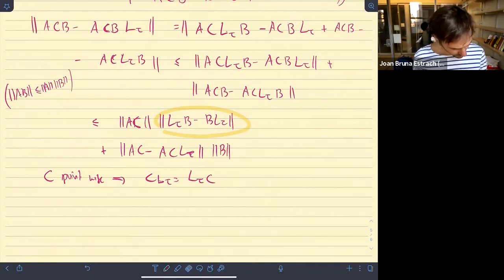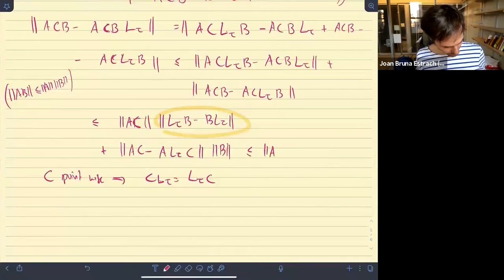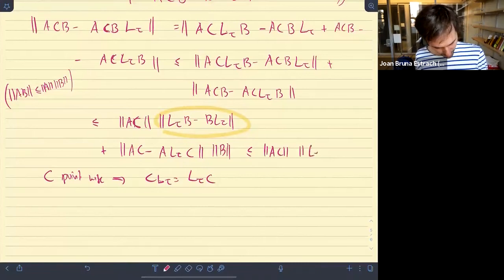So we can pretty much just write it as L tau C. Okay. And so now we can write it up as: something that depends on AC times the norm of L tau B minus B L tau, plus A minus A L tau times the norm of C times the norm of B.